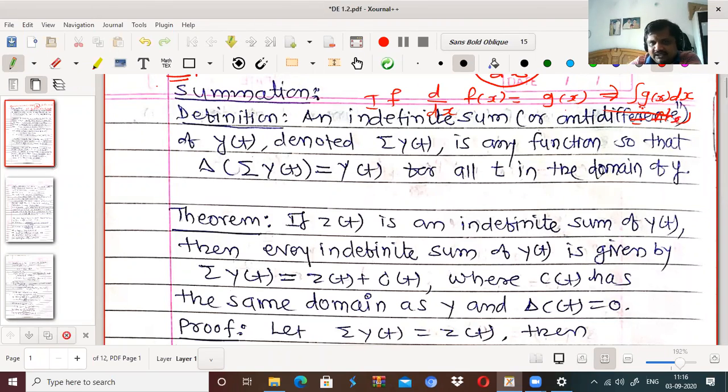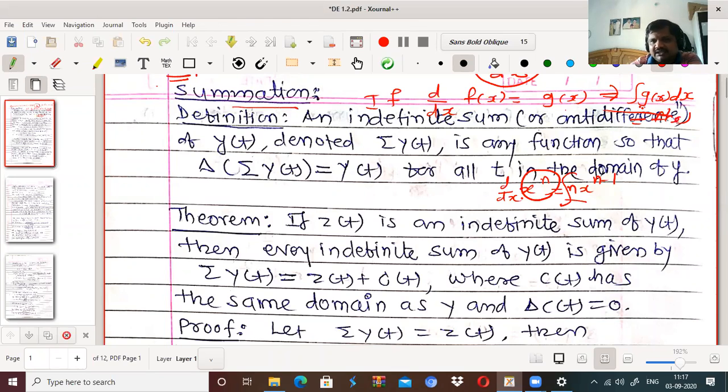What it means is that if d by dx of x to the power n is n into x to the power n minus 1, then we say that integral of n into x to the power n minus 1 is only x to the power n. We know this. Therefore integral is also called antiderivative.